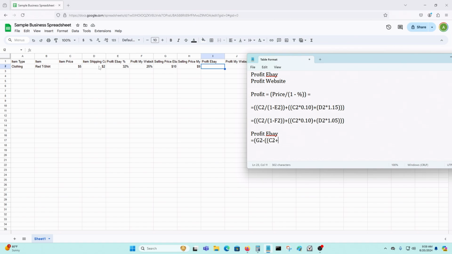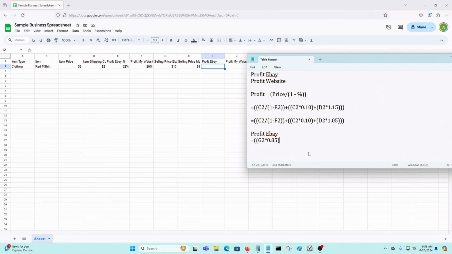And the shipping cost here, which is $2, D2. I have to add the whole thing. G2 is the whole price that I'm selling it for, but eBay takes 15%, so it will be 0.85. Right?